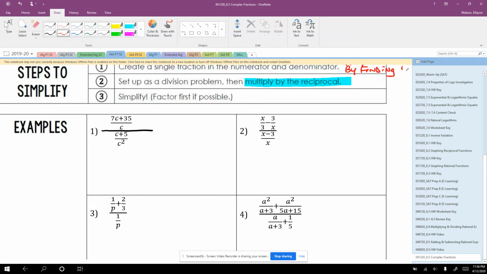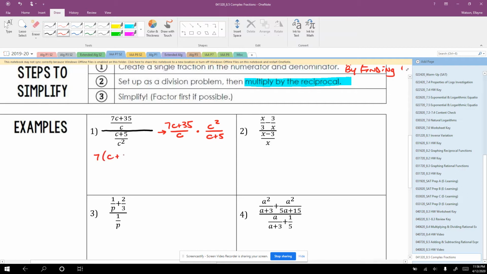So I'm simply going to rewrite this to be 7c plus 35 over c times c squared over c plus 5. Okay, so I multiply by the reciprocal. Now I need to simplify, so I need to factor where I can. I'm going to take out a 7.